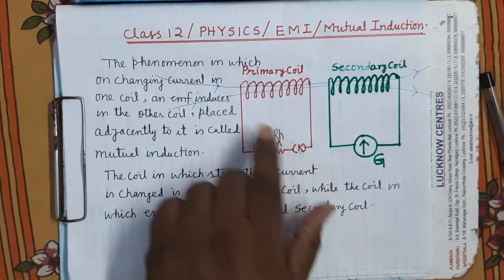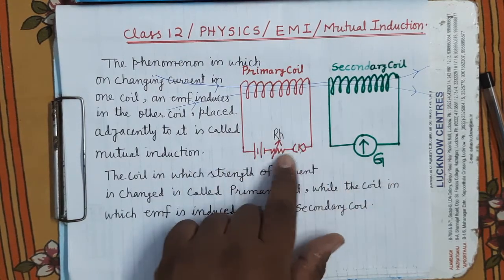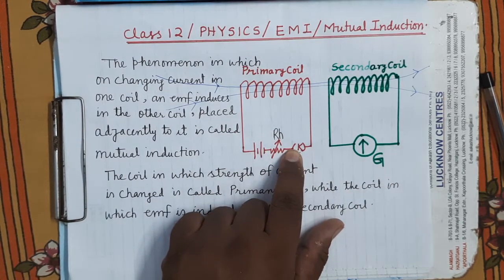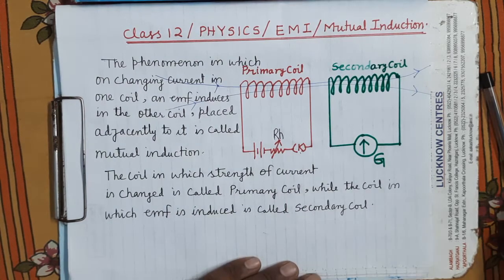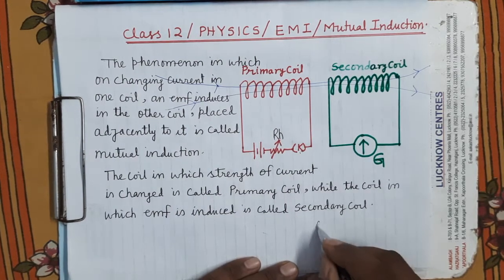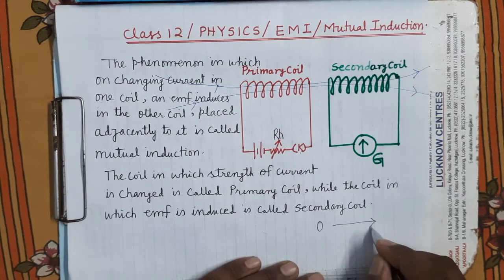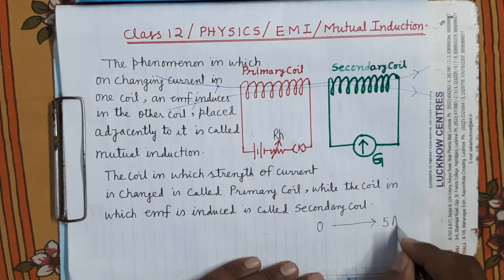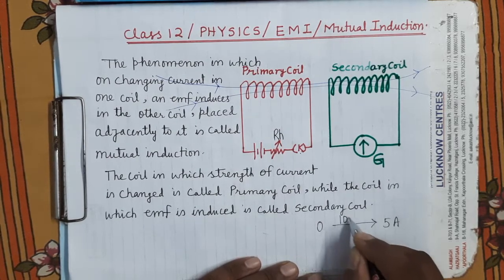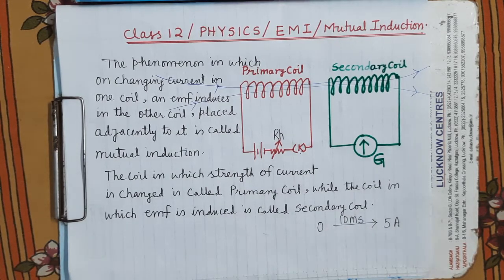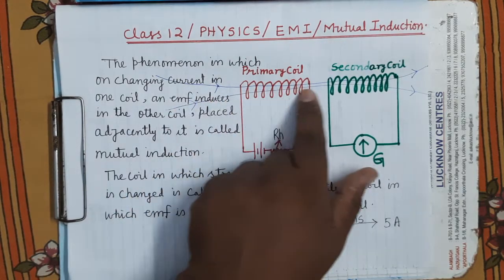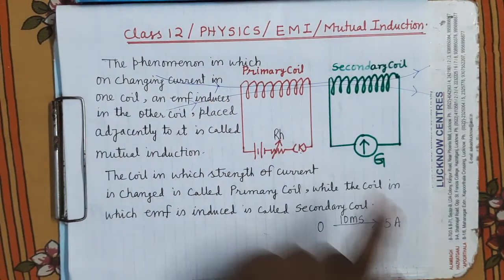It's clear. When there is a change of current, suppose you have switched on the current, the current increases from 0 to its peak value, and here we have assumed the maximum value is 5 ampere. It reaches from 0 to 5 ampere in 10 millisecond. So during those 10 milliseconds, there will be a change of magnetic flux passing through this.